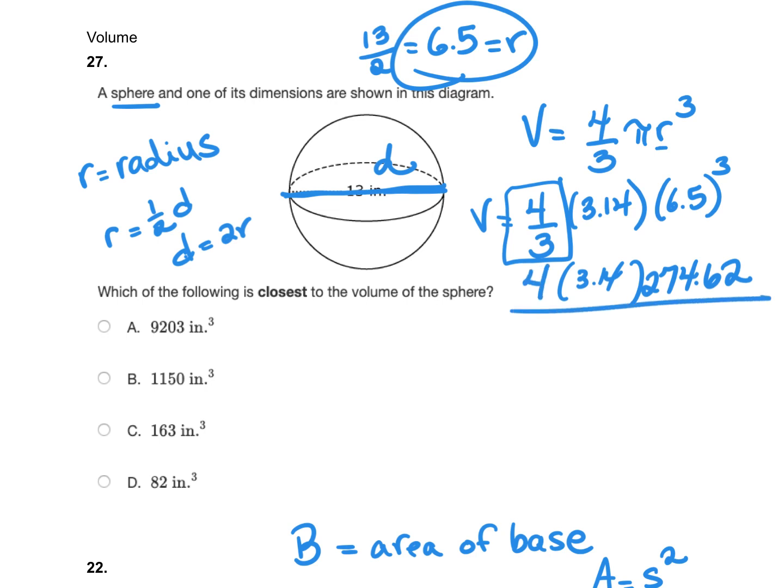So that means everything goes in the numerator. If I was to put my other values over 1, I'm going to do 4 times 3.14 times 274.62, and I get 4490.29.